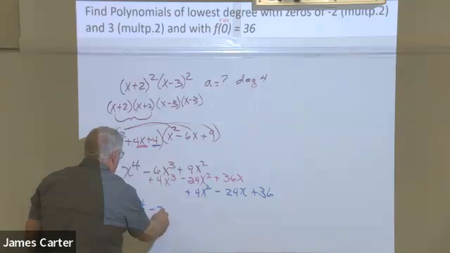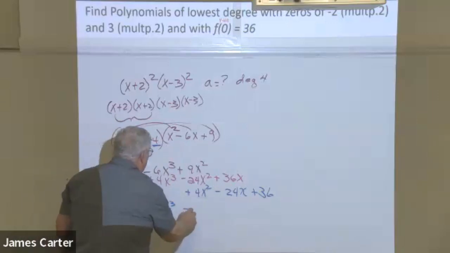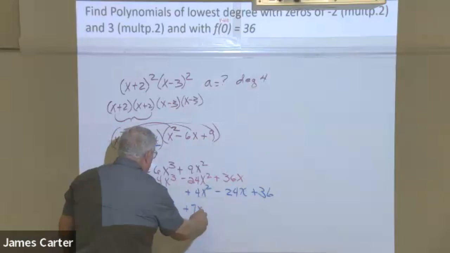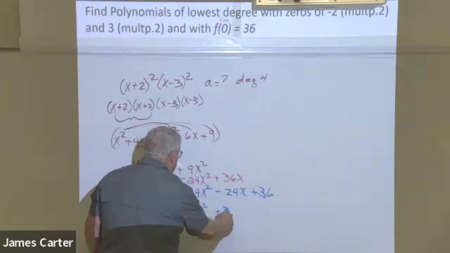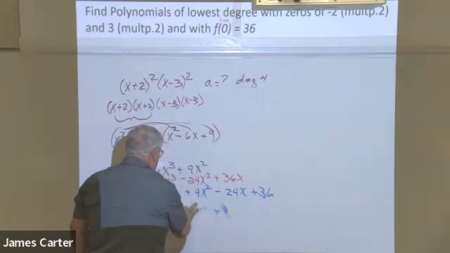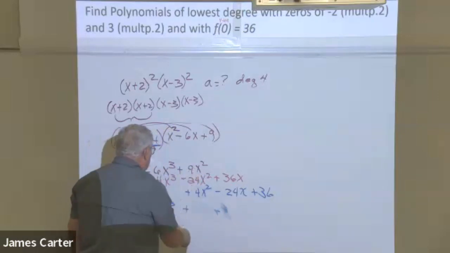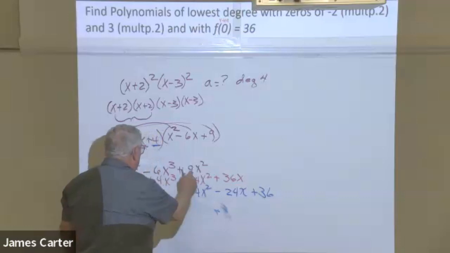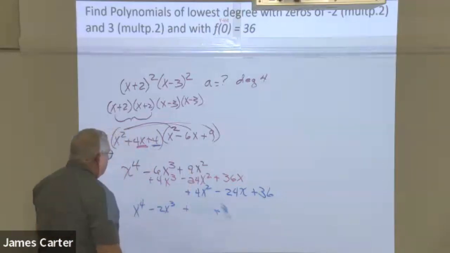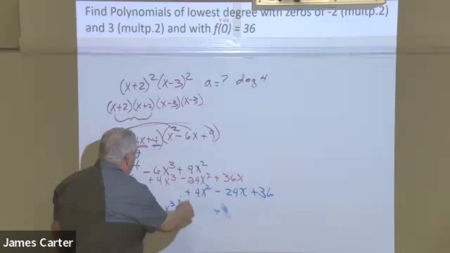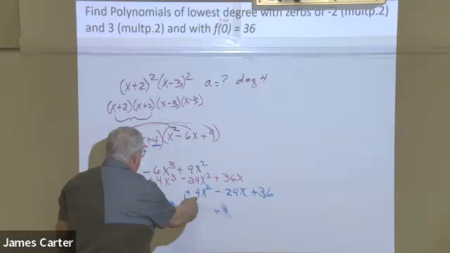minus 2x cubed plus 7x squared plus 36. No, this is wrong. I just added those two. I don't know what I did. 9 from 24 leaves us 15 plus 5.